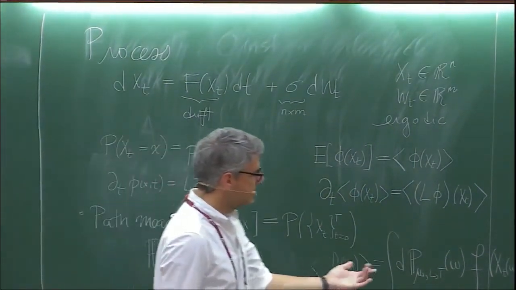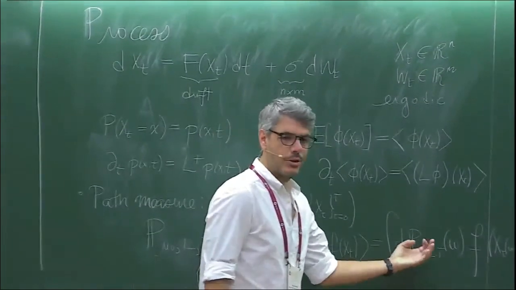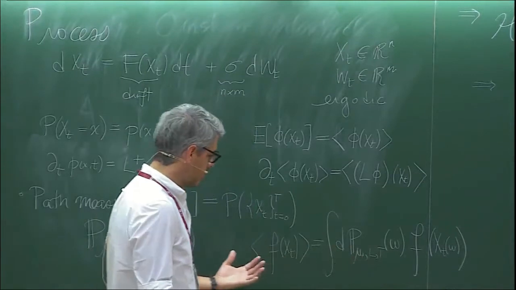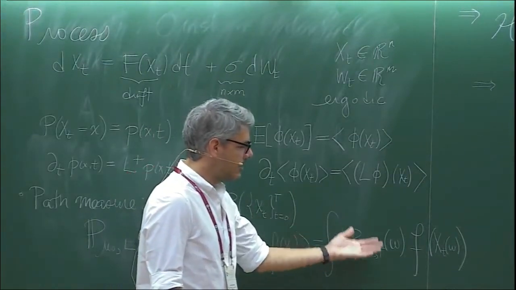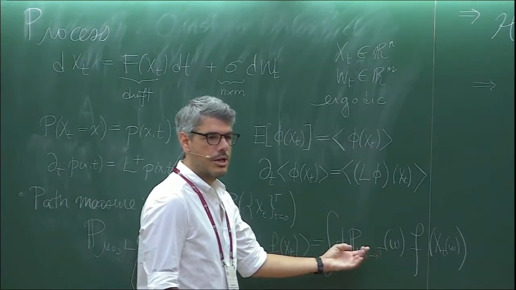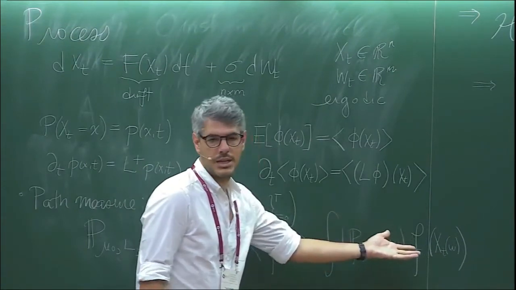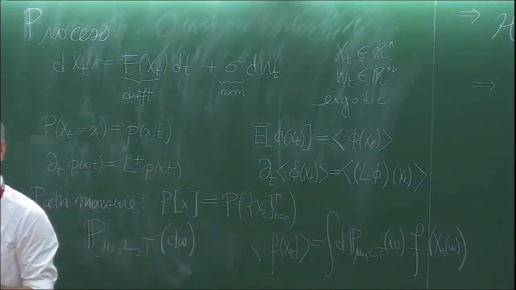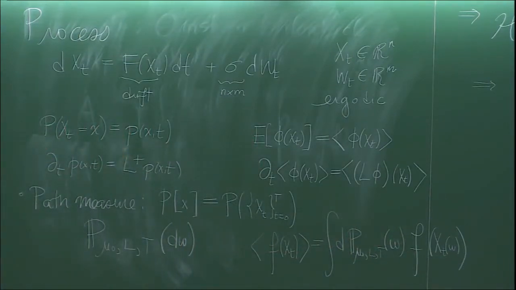Now, whether you can actually display or write down what that measure is, is not relevant. It's just a formal notation to say that there is a measure on the path, like a sort of Wiener measure, and then you can contract it down to any expectation involving 1 point of the process, 2 points of the process, any points of the process. Okay?